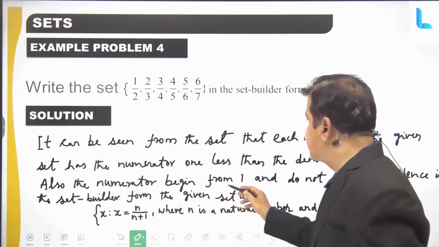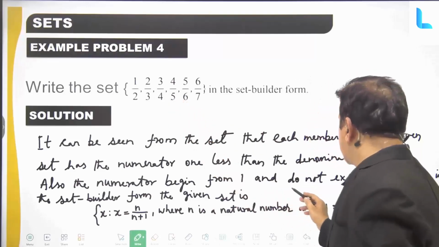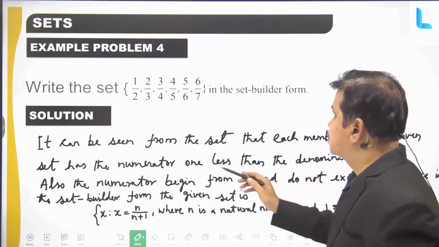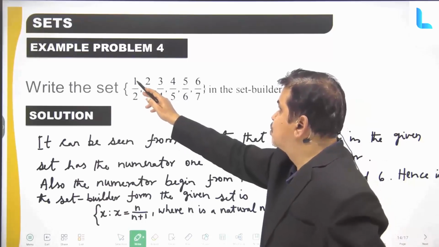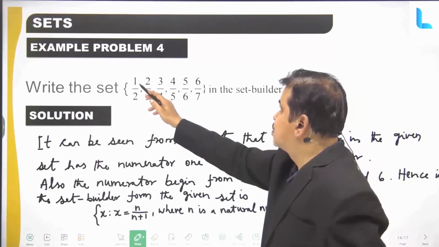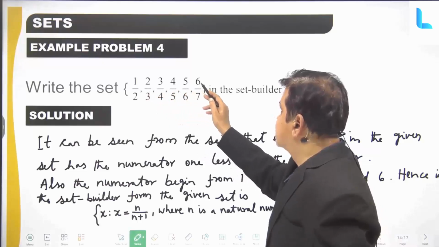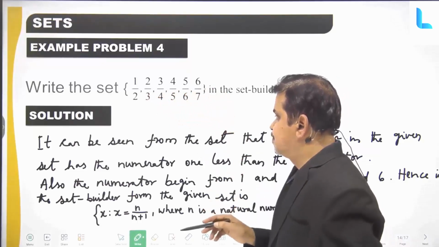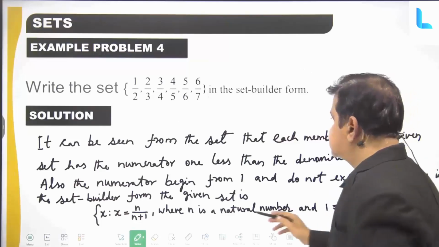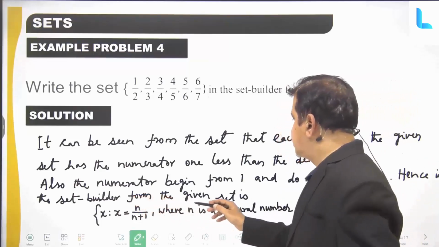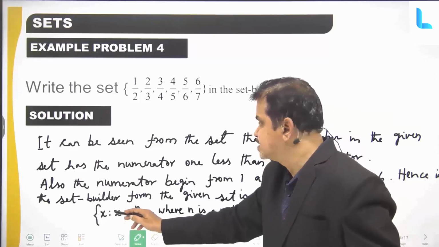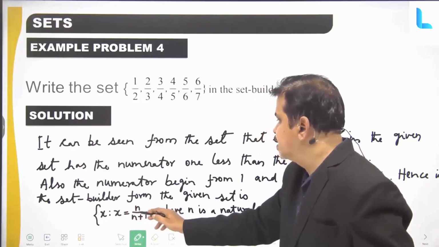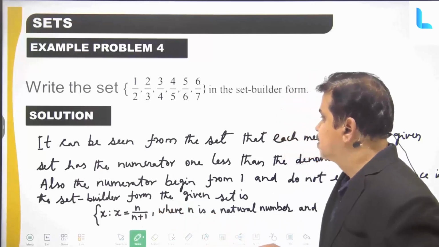Also the numerator begins from 1 and does not exceed 6. So here you can see that the numerator begins with 1 and it goes on 1, 2, 3, 4, 5, 6 and 6 is the last. Hence in the set builder form the given set can be written as {x : x = n divided by n plus 1}.